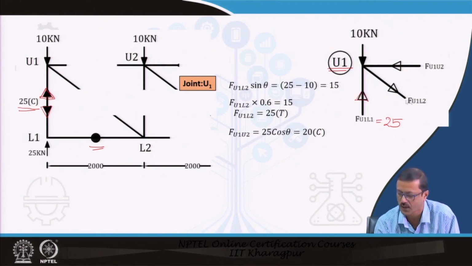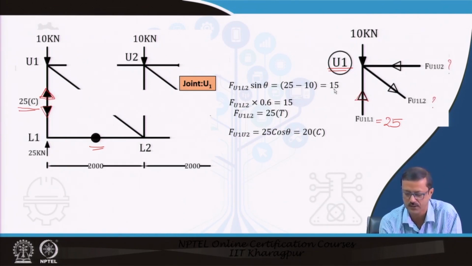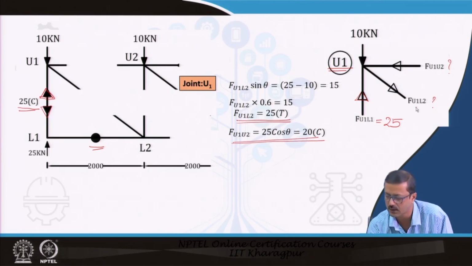So, these 2 are the unknown forces. I can solve with sigma Fx equal to 0 and sigma Fy equal to 0, and finally, I can find out this is 25 and this is 20 and this is 25. This U1 L1 is this one.